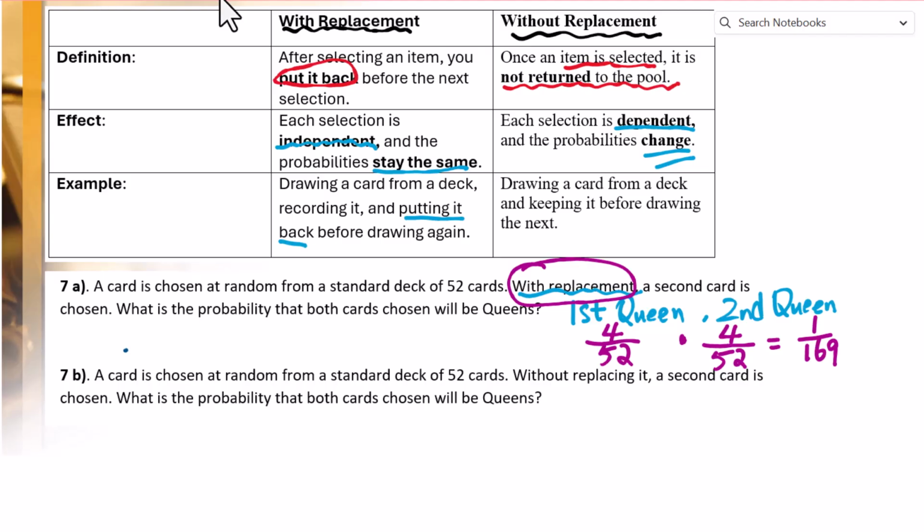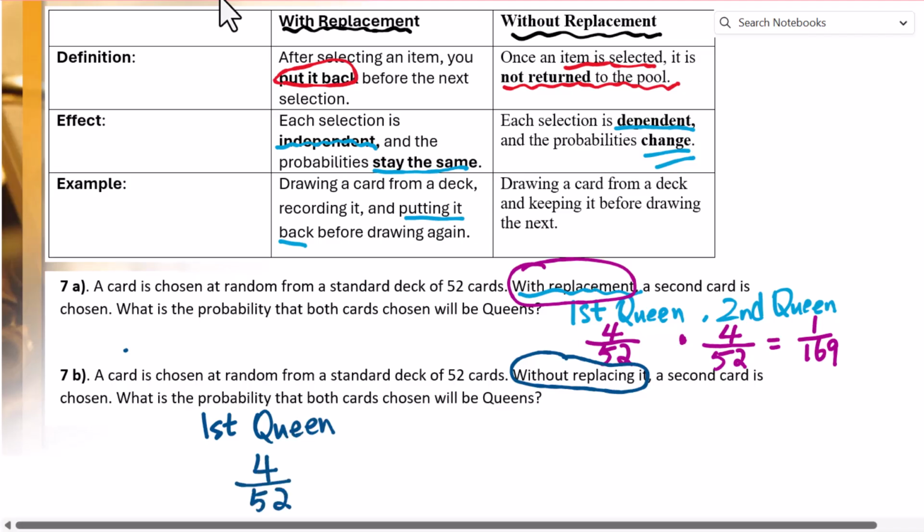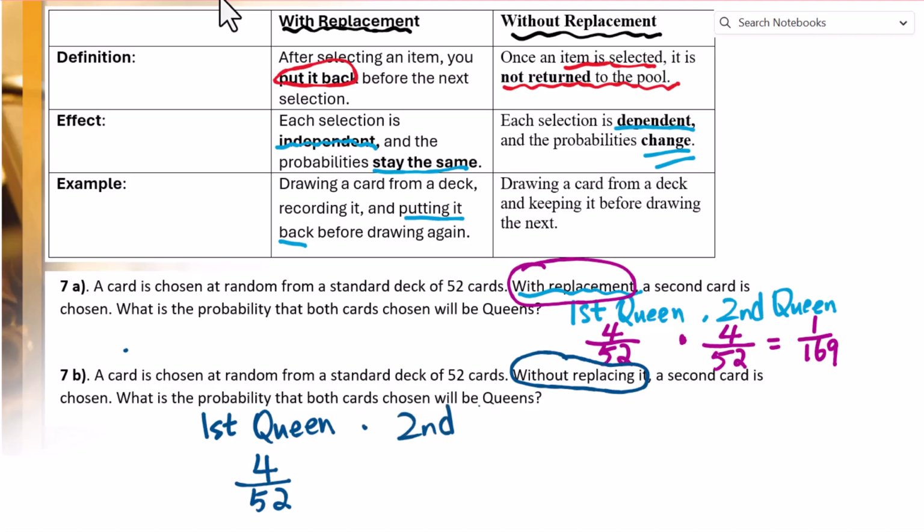This time, without replacing it, means without replacement. What's the probability that both cards chosen will be queens? The probability of choosing the first queen, 4 out of 52 cards. The probability of choosing the second queen.